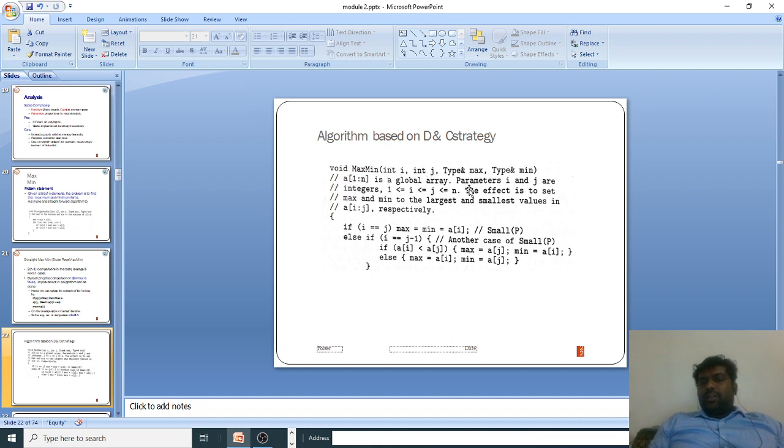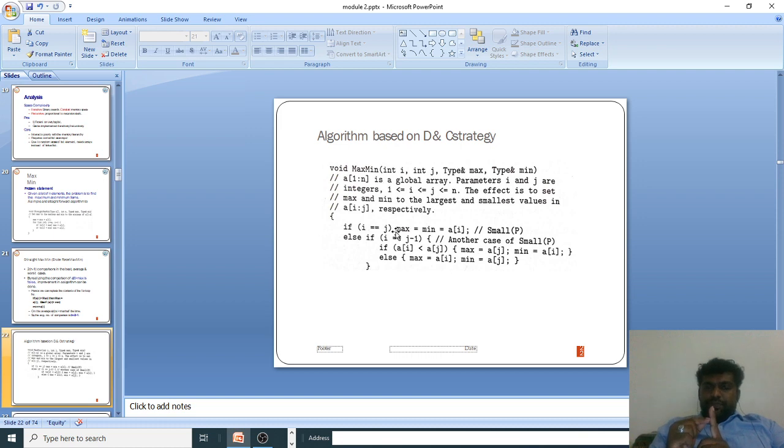This is a global array, with parameters i and j, where 1 is less than or equal to i, less than or equal to j, less than or equal to n. Now, if i equals j, there is only one element.